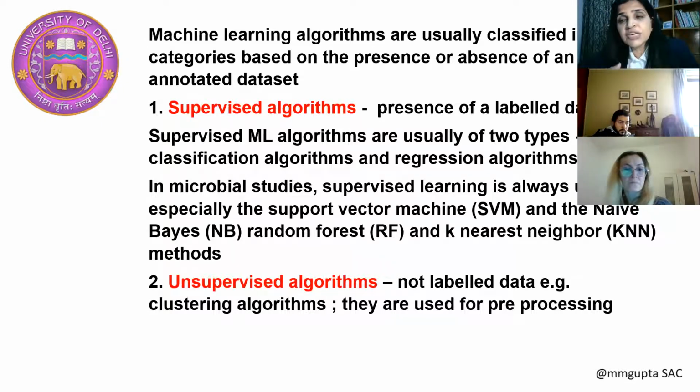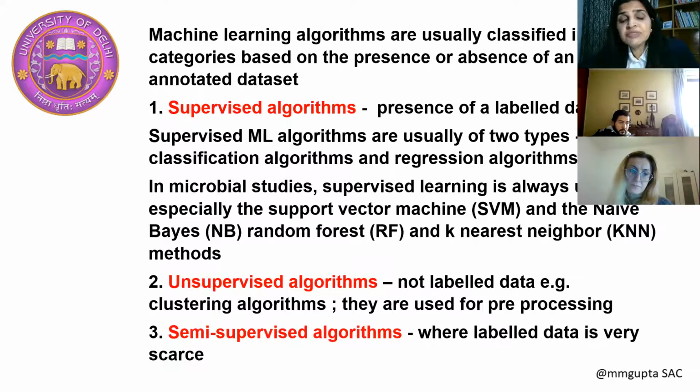On the basis of the algorithm, it doesn't compare, give a name, it clusters and designs the groups, so it is more used for pre-processing of data. We have something in between also, that is semi-supervised algorithms, where labeled data is available but is very scarce. So these three types of algorithms exist for machine learning, but I said we usually use supervised algorithms.